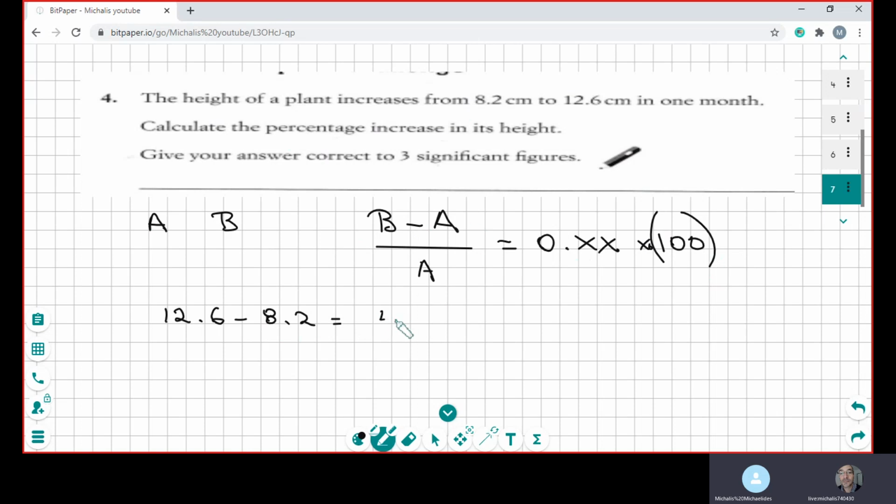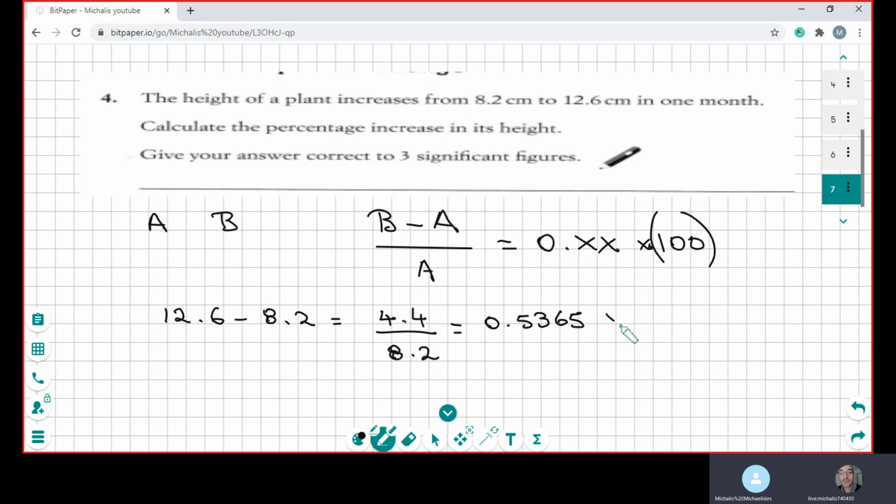I divide by the first number, 8.2, and this gives me the decimal. 4.4 divided by 8.2 gives me 0.5365, a recurring decimal.